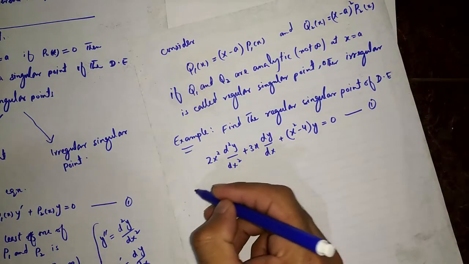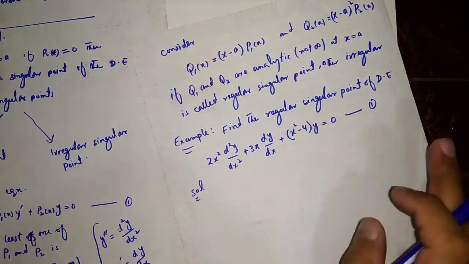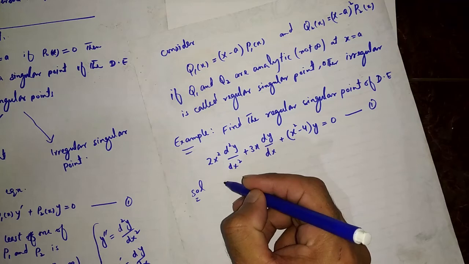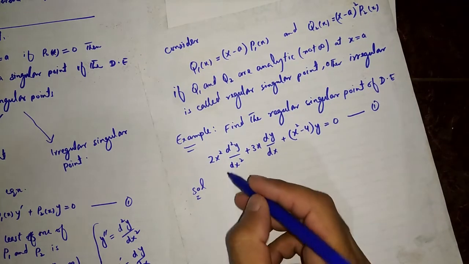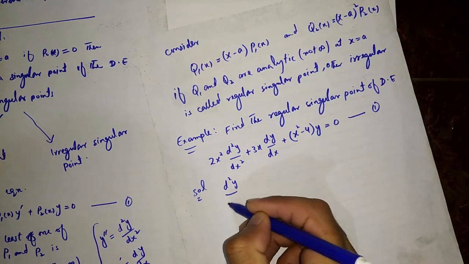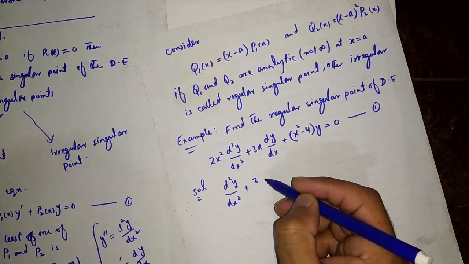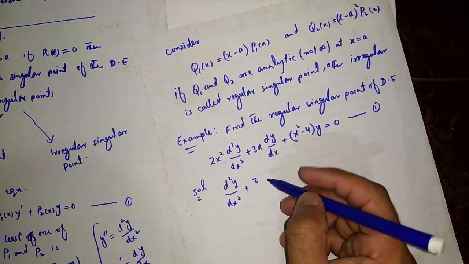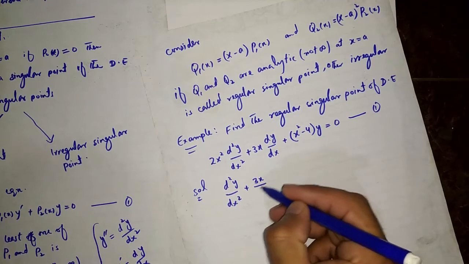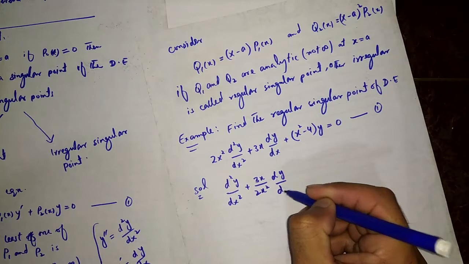Solution: dividing the whole equation by 2x square, we will get d square y upon dx square plus 3x divided by 2x square dy upon dx.